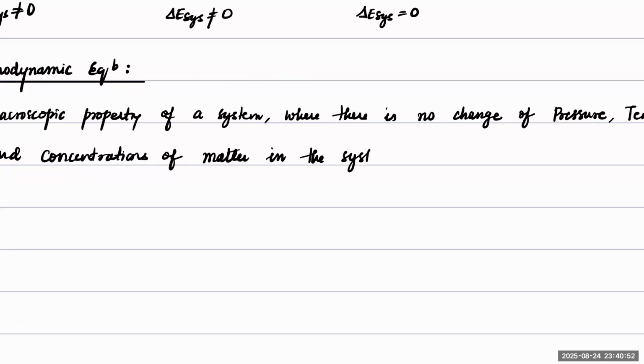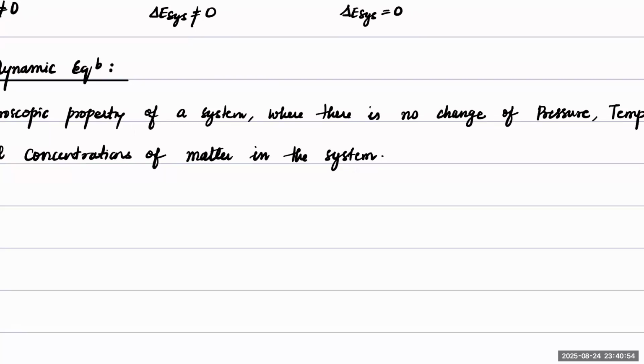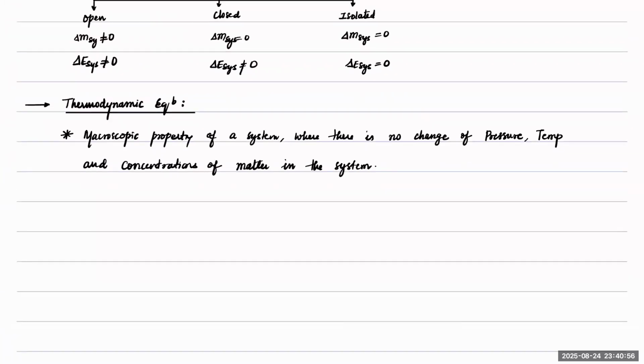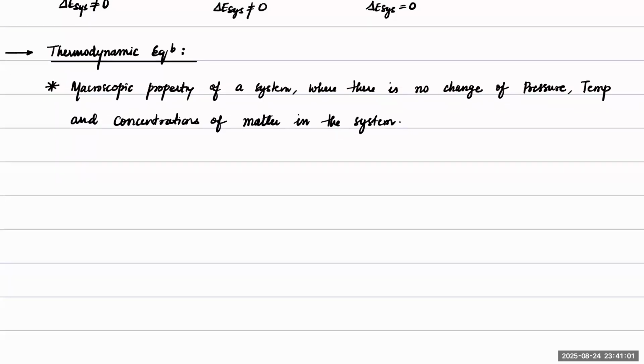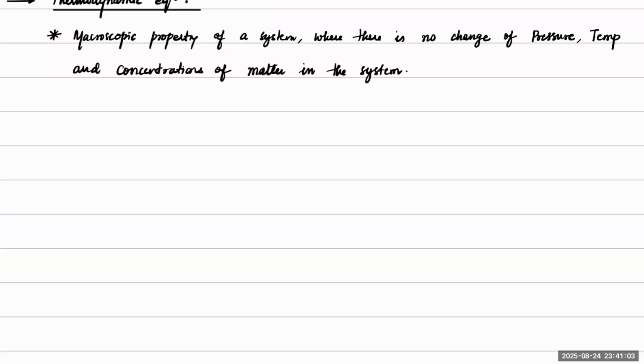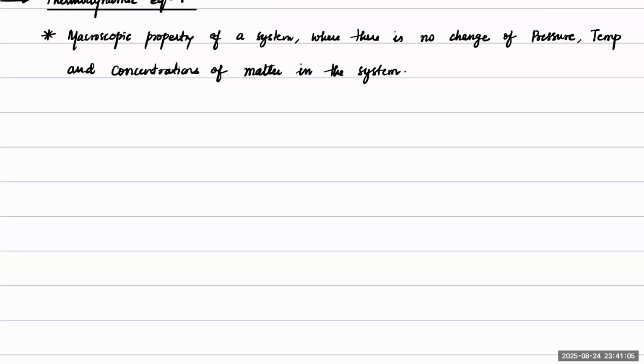So when a system has a certain constant pressure and temperature and the concentration remains constant, then we say we have achieved a thermodynamic equilibrium. Got it?